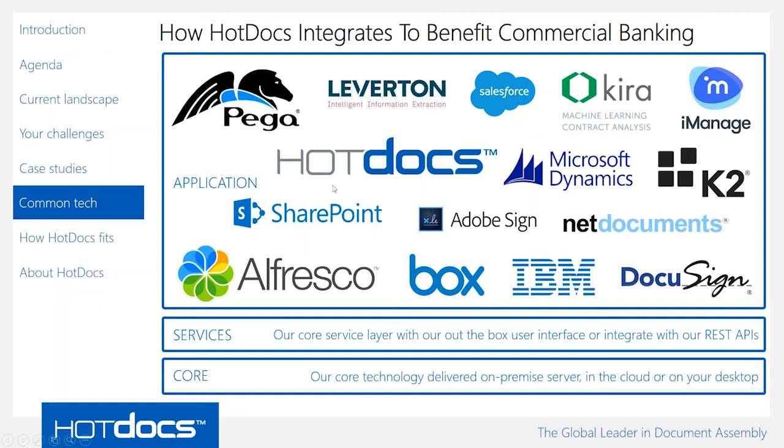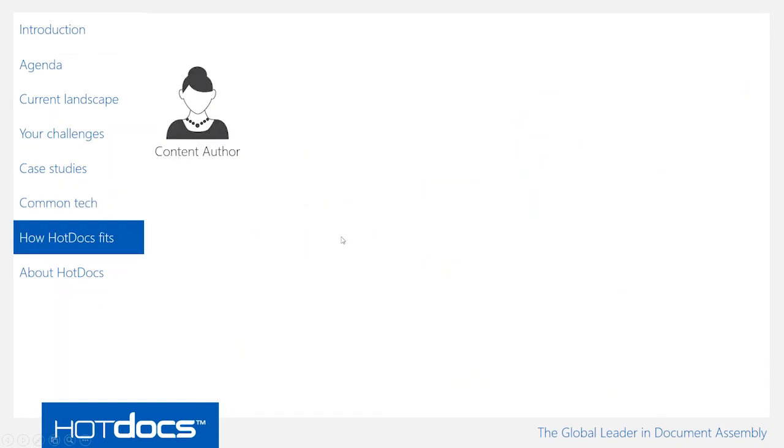So how does HotDocs actually work? I've talked a lot in high level about how document automation can be used within banking, but how does our technology actually work? Well, there are two phases to document automation. Phase one, you need to be able to create a template. And that's very simple.